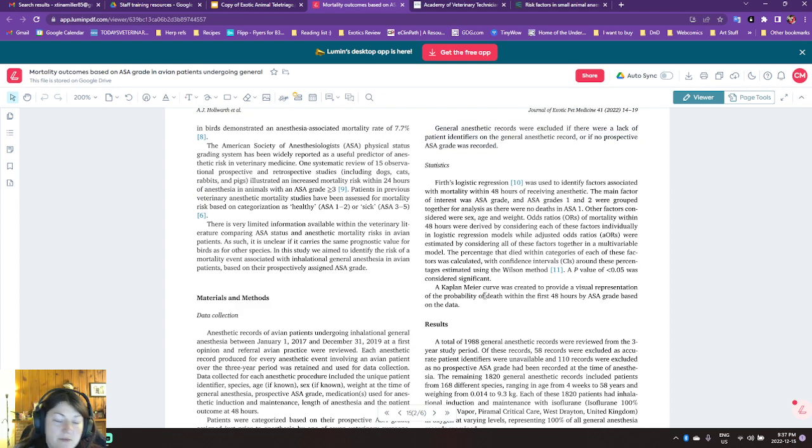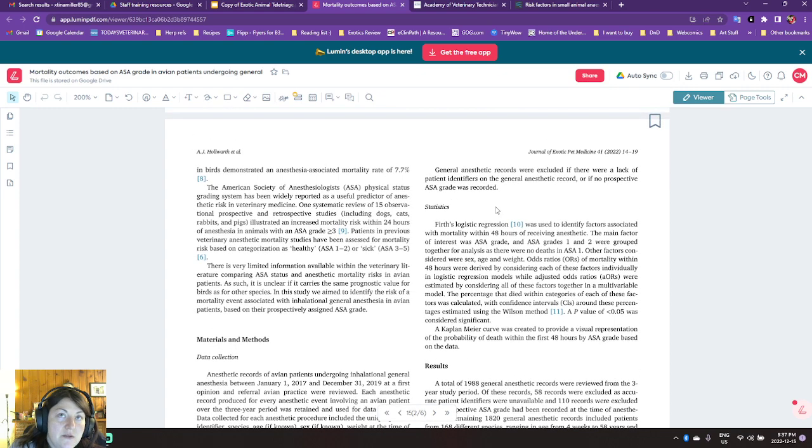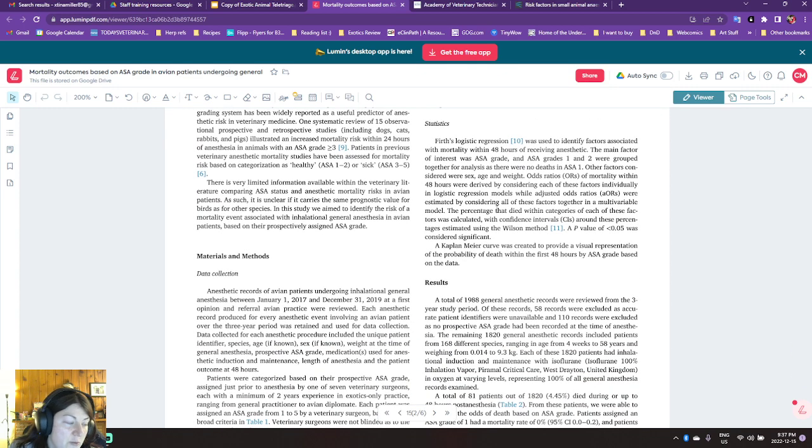This isn't a math rounds. So the main factor of interest was ASA grade. ASA grades 1 and 2 were grouped together for analysis as there were no deaths in ASA 1, which makes sense. Again, the risk is never zero for anesthesia, but we don't expect anesthetic deaths in patients that should be very low risk, patients that should be healthy.